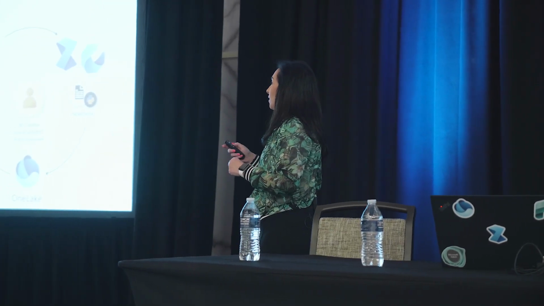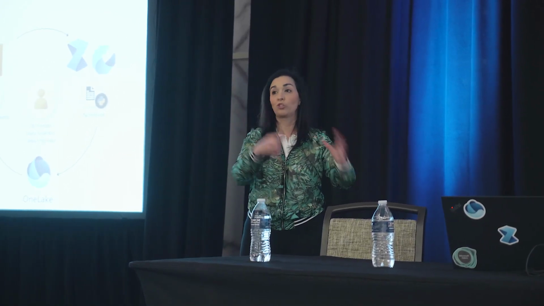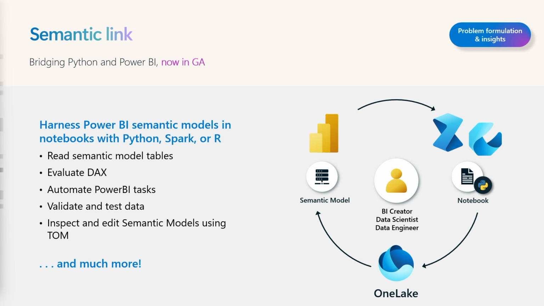But essentially, it's not just about tapping into the tables in the semantic model, or the measures. We actually recently also added tools in semantic link for you to be able to automate BI tasks like refreshing your datasets. So a lot of these things are essentially being evolved, and we listen to the community.